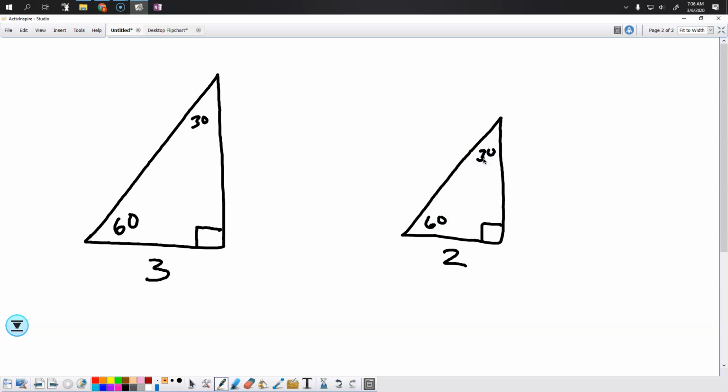Okay, so these two triangles have the same angles, but you can see that one over there is smaller, right?